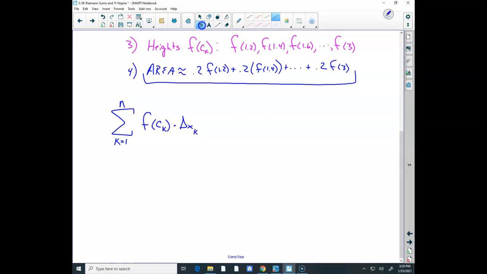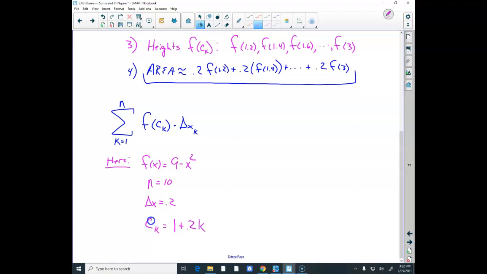Well, let's think about this now. For this particular example, we know f of x is 9 minus x squared, right? We know n equals 10. We also know delta x equals 0.2. And I also know my c sub k values are going to be 1 plus 0.2 times k.